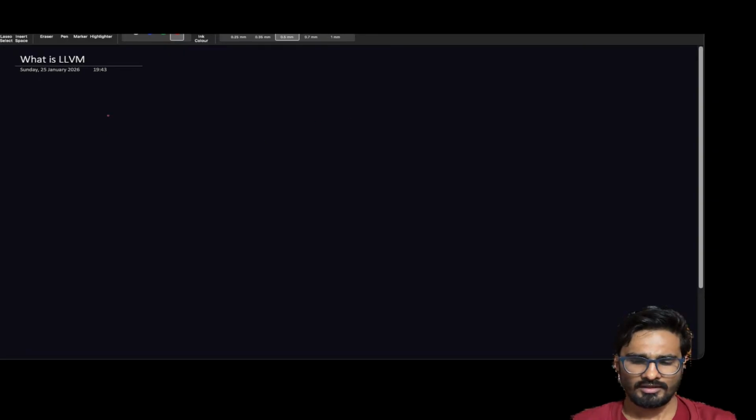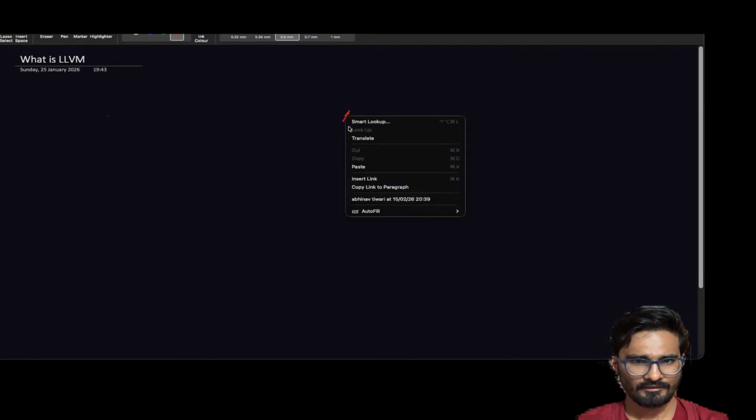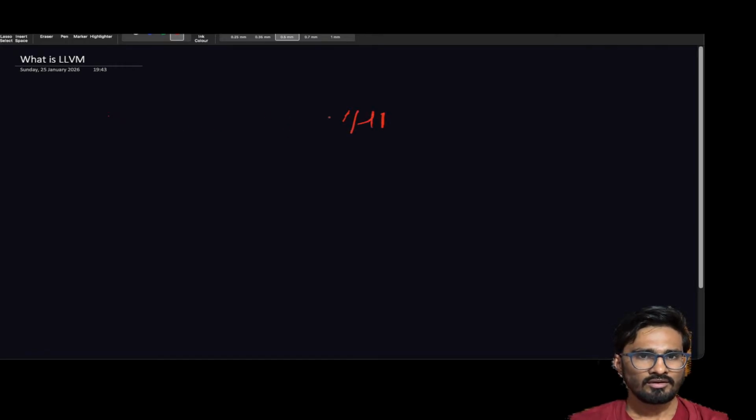So before LLVM comes, what happened? Let us suppose I am a company or institute whose role is to write a new programming language for our particular hardware H1. This is one hardware for the coding programming language P1. What will we do? We will follow all the compiler stages and create a compiler for H1.